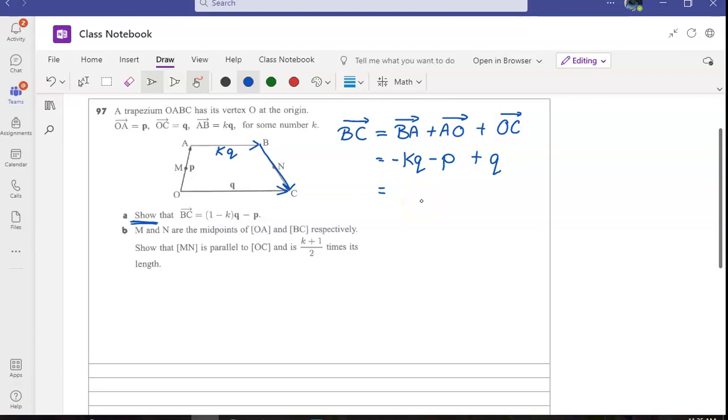Irritate yourself and put in that little bit of an extra line there, so they know you're not just messing around. Take K, take P, and that's what we've got. Agreed?